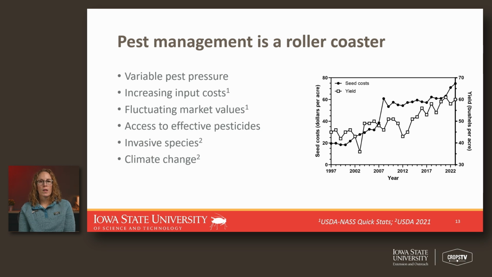In the world, we have a lot of invasive species moving all over, and that happens in soybean quite a bit. And so we have new pests coming in, sometimes interacting at the same time as our established pests, and it makes management decisions more complicated. And then, just in general, the world is getting warmer.